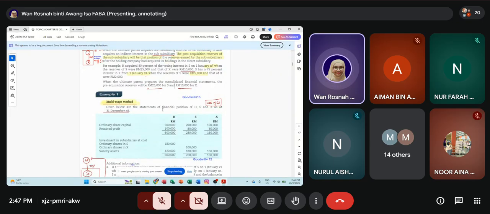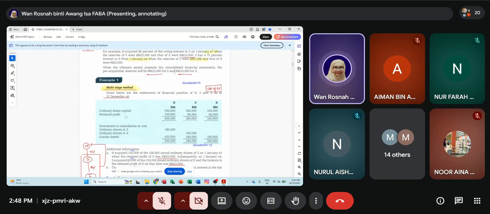You have a task which covers this topic, topic 3. Basically, you need to understand the basic preparation of financial statements of a vertical group structure. Okay, let's go through the questions here.